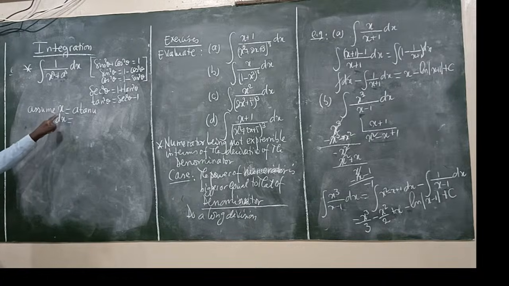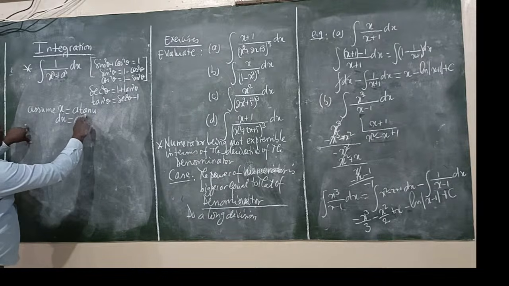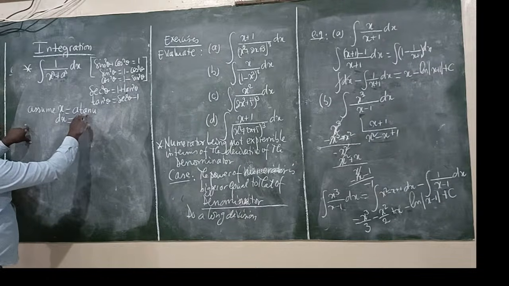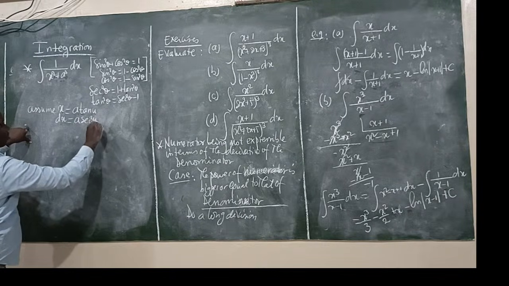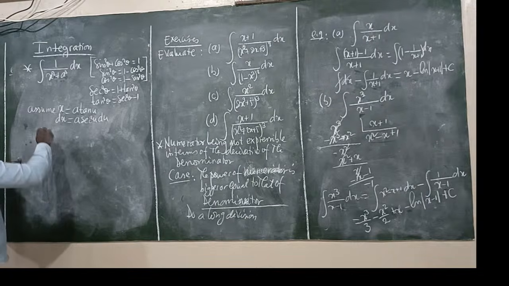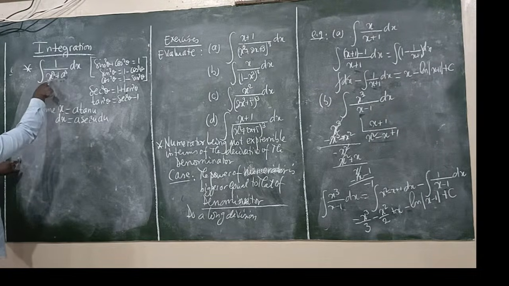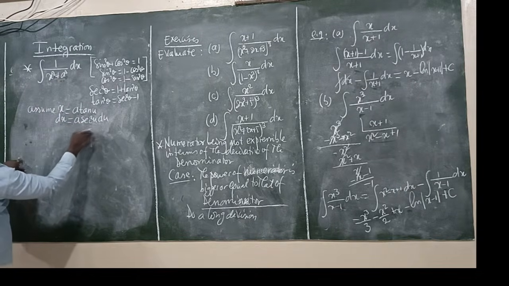The derivative of x, which is dx, will be given by a times the derivative of tangent, that is sec squared u du. Okay? Yes. So here we are going to replace x by itself and dx by this.